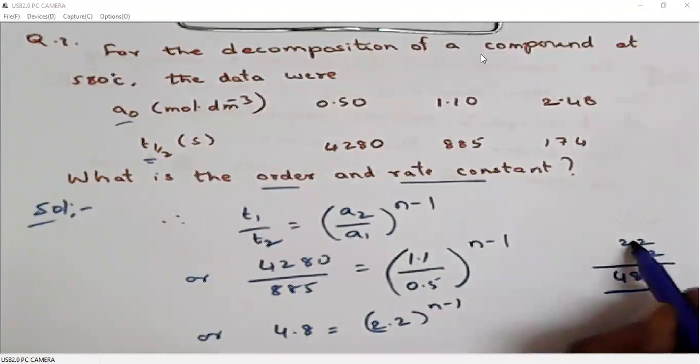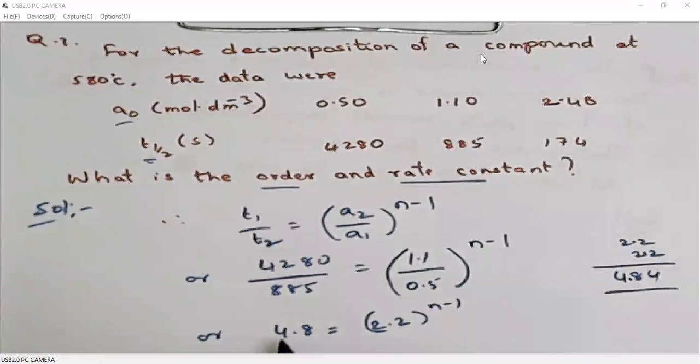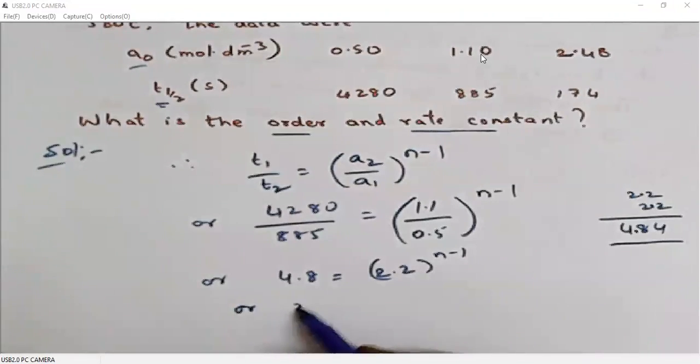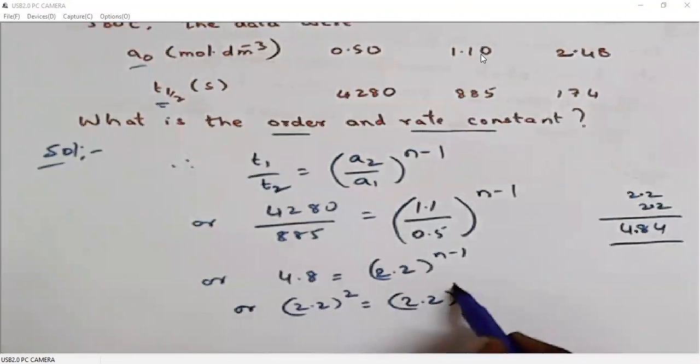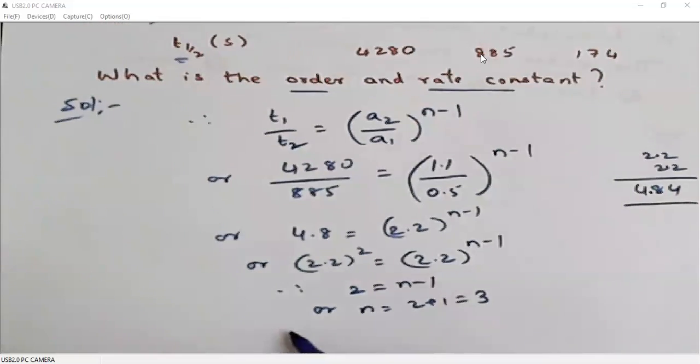So 4.8 can be written as 2.2 whole square is equal to 2.2 whole power n minus 1. Because the bases are equal, we can make the powers also equal. So 2 is equal to n minus 1, or n is equal to 2 plus 1 equal to 3. Therefore, it is a third order reaction.